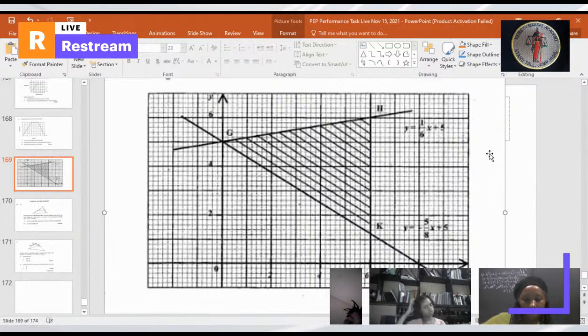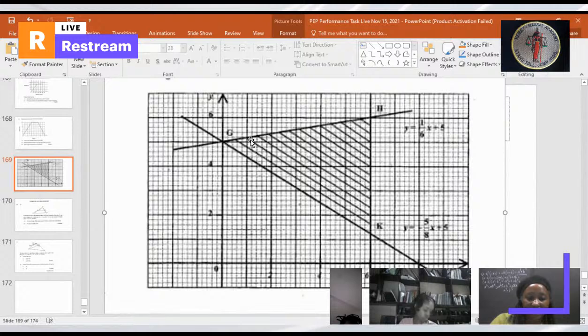Because the shading is going to the left of this line, so it's less than or equal to. Why not just less than? Because if it was just less than, it would be a broken line. It's a straight line, it's not broken, so it's less than or equal to.